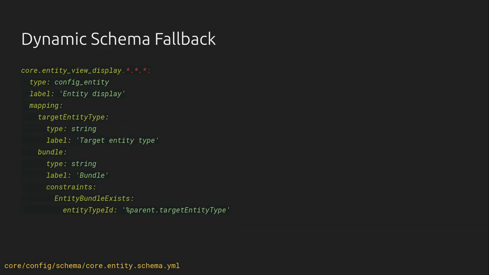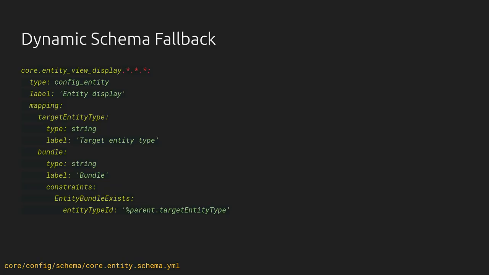And then we have fallbacks. If you were to define everything all the time, you would end up with a lot of config schemas, and a lot of them would have some repeats in them, and that's not super interesting to do. So what actually exists is a way to type something that's dynamic in a way. In this case, entity view displays.